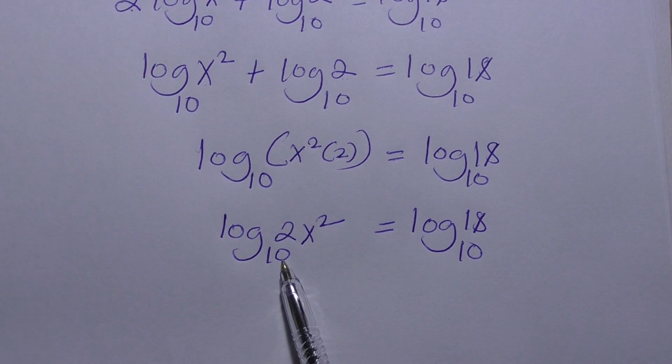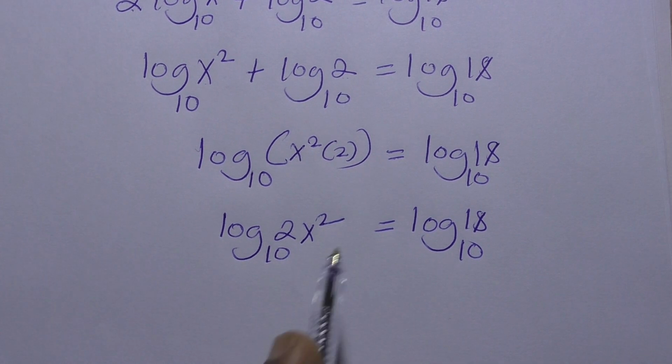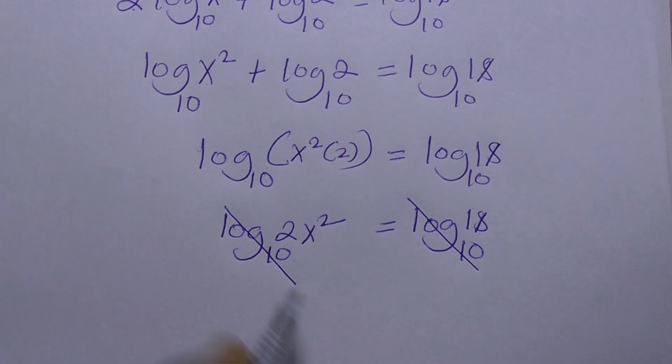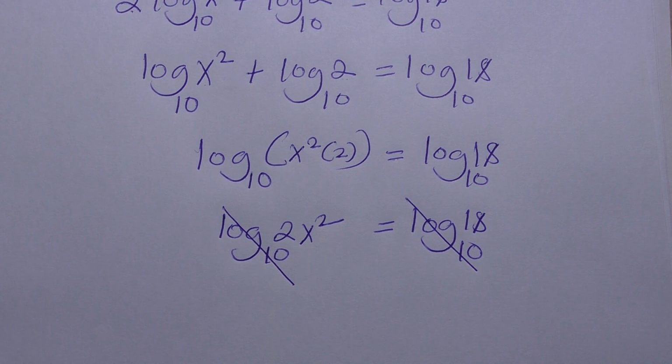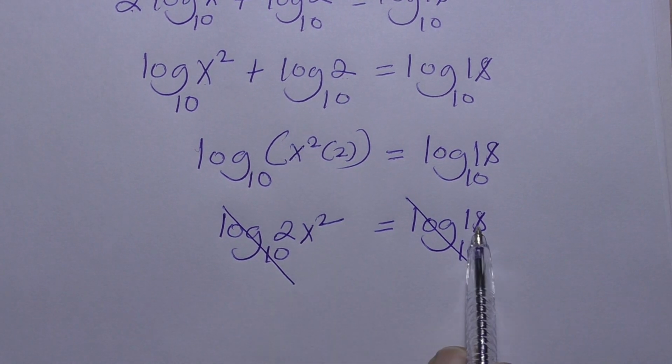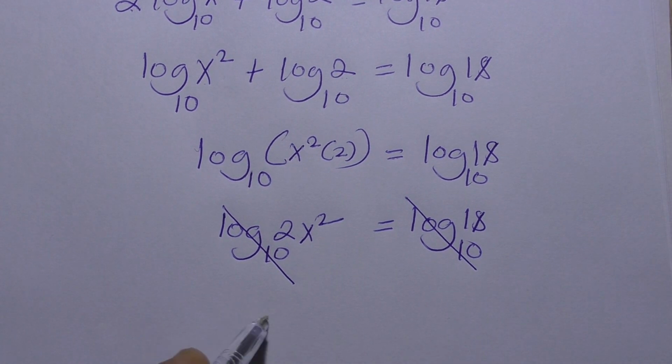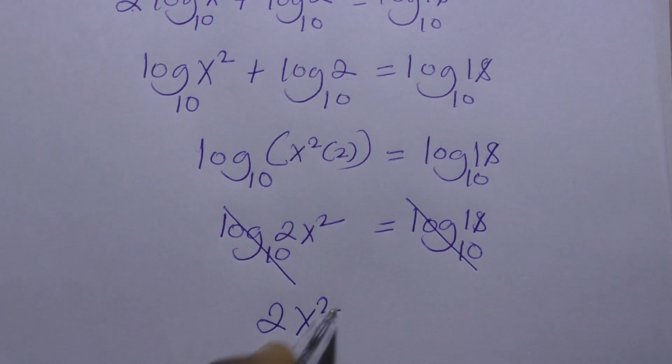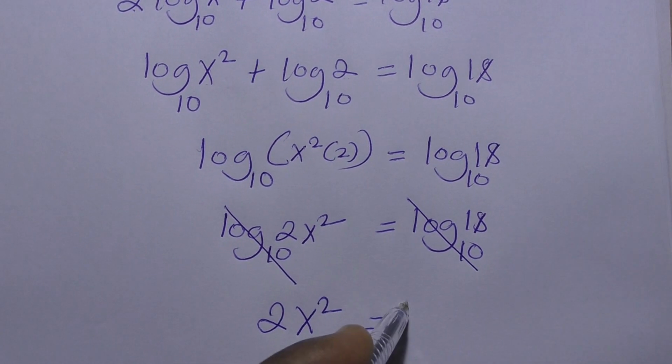When you reach this point, we can easily cancel out the logarithms since they are the same, and we consider the powers. That is 2x squared equaling 18.